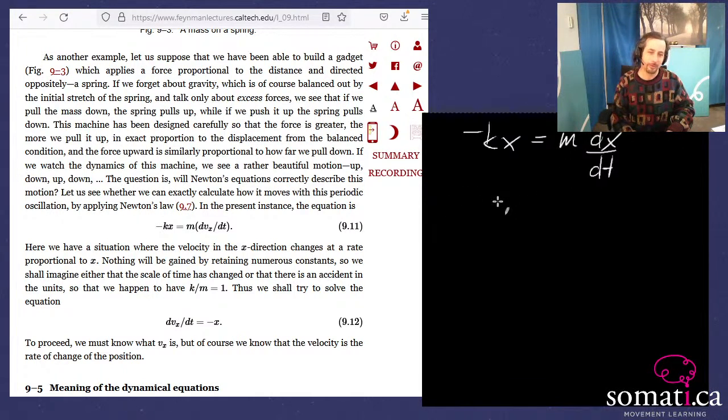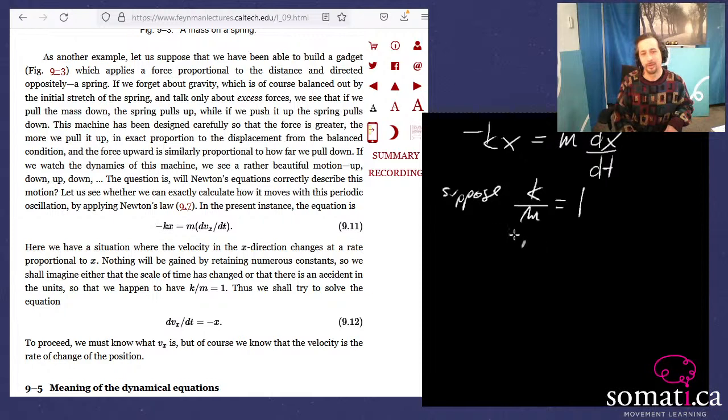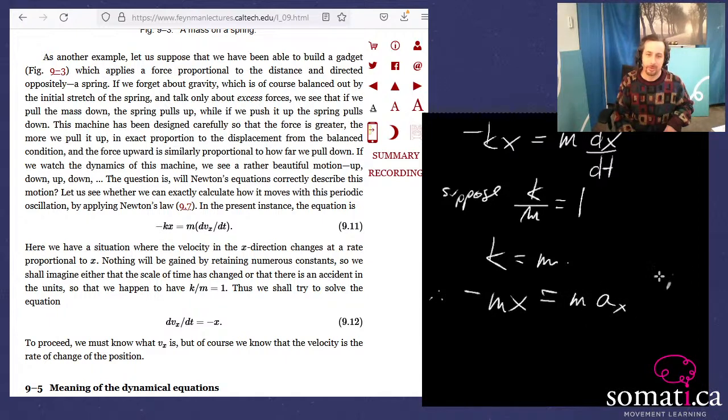So then let's say, do you say k over m or m over k? K over m, I suppose. K over m equals 1. Then k is equal to m. I see. And then it's negative m x is equal to m acceleration in the x direction.